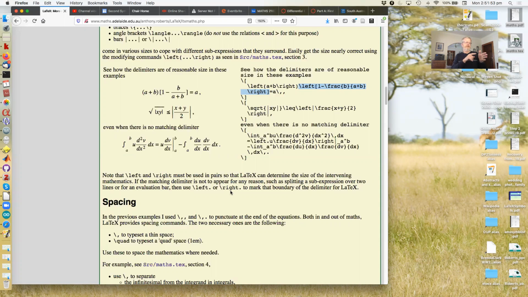So a simple rule, which doesn't always work, but mostly does, is in the first line you have \left( whatever, and then at the line break, you go \right. And then at the start of the next line, you go \left. and then the \right) at the end. I'll show you an example of how to do that later.